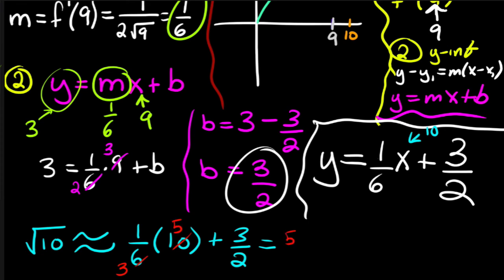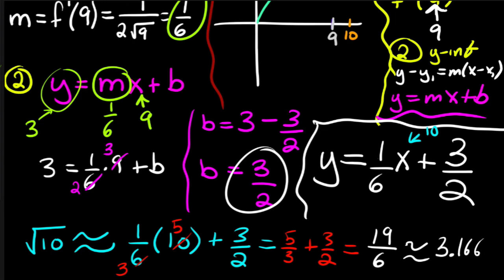So this is 5/3 plus 3/2, which is equal to 19/6. Now if I punch that into my handy dandy calculator, what I get is 3.166666666666667.